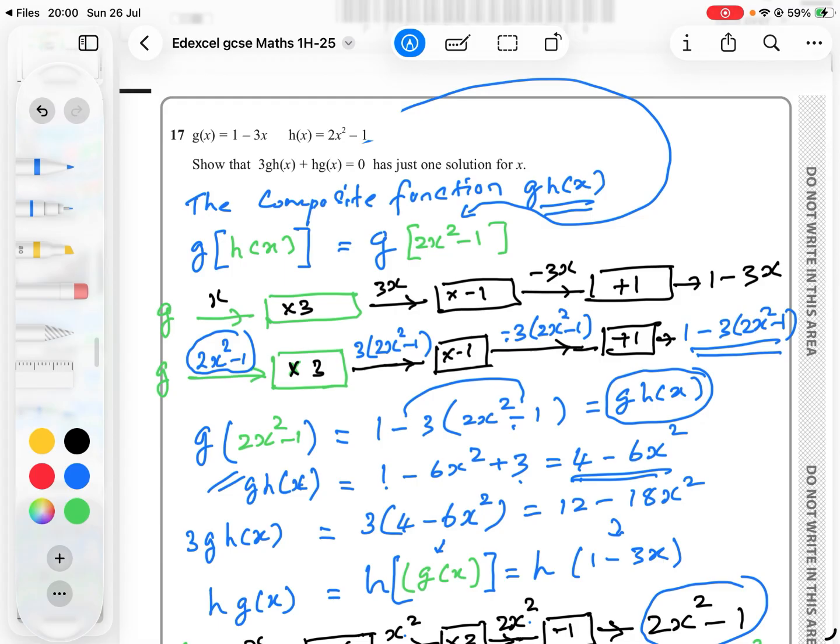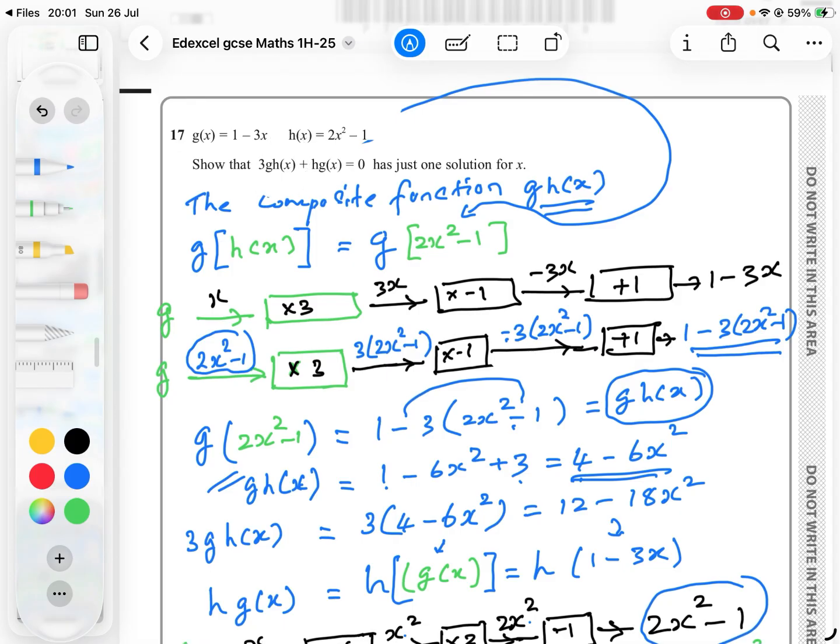So solving composite function. First we work out gh(x) first, then we can times by 3.